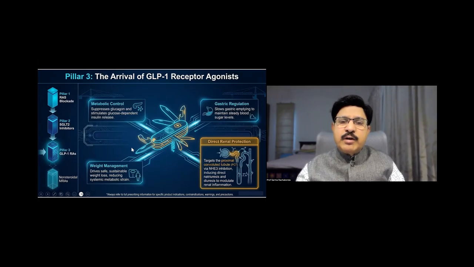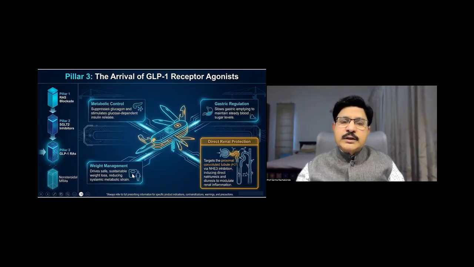This GLP-1 receptor agonist is like the multi-pronged knife you have in your house. It is a knife, it is a corkscrew opener, so many functions are there. Like that, it suppresses glucagon and stimulates glucose-dependent insulin release. That is one mechanism.